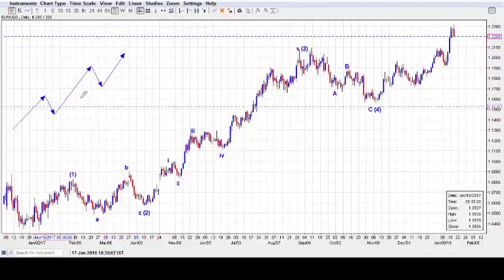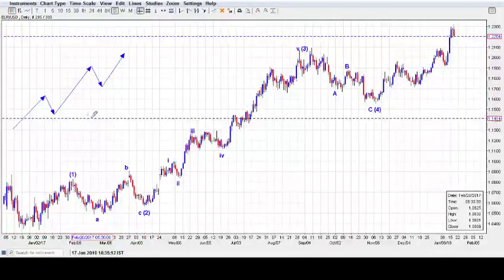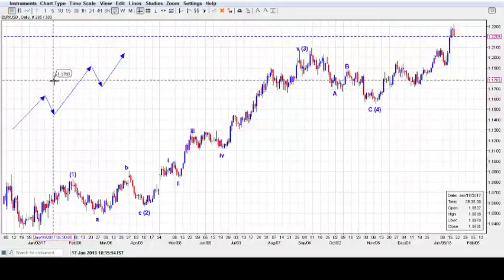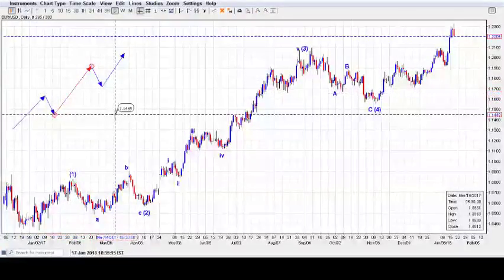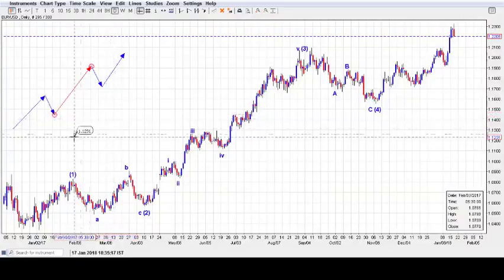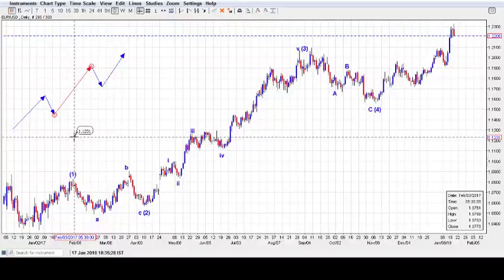One of the guidelines is that wave 3, this is your wave 3, let me highlight, is generally the largest, and if it is not the largest, it cannot be the shortest one.